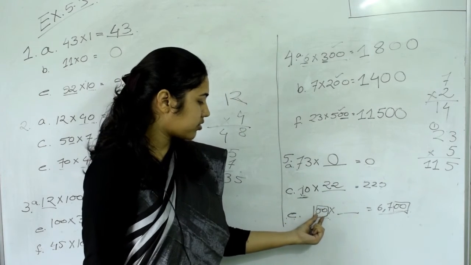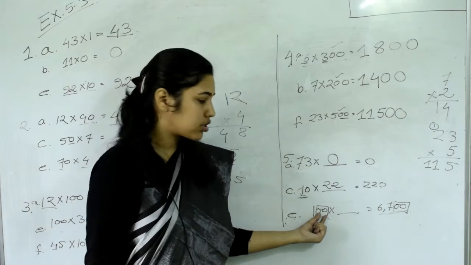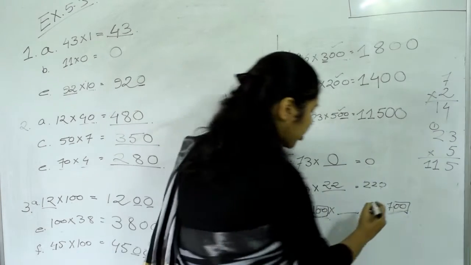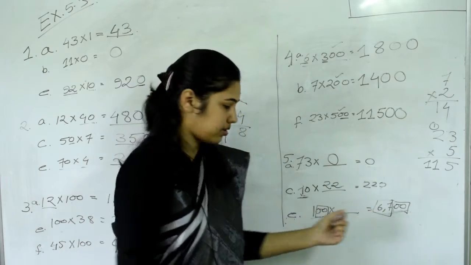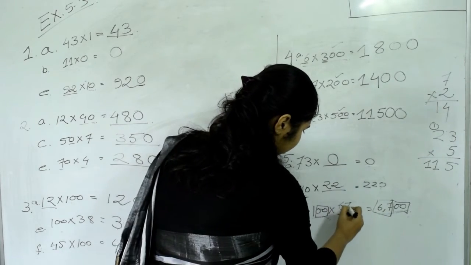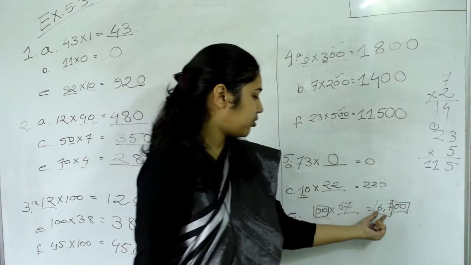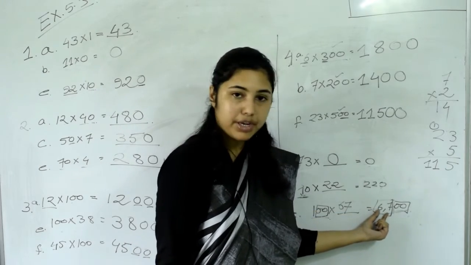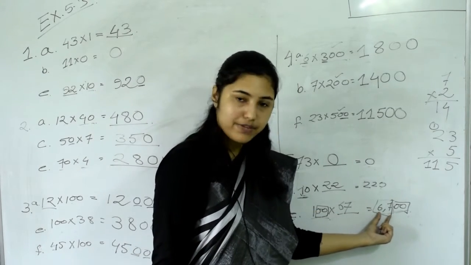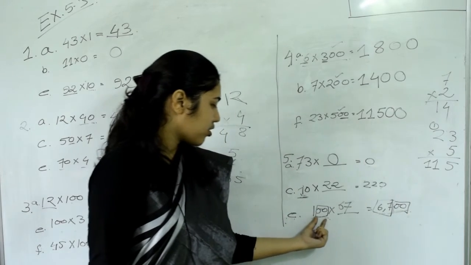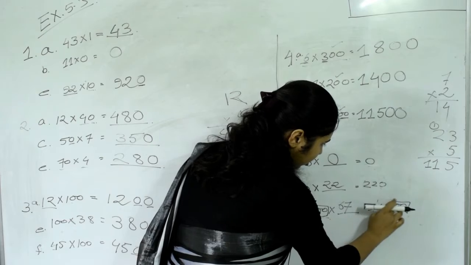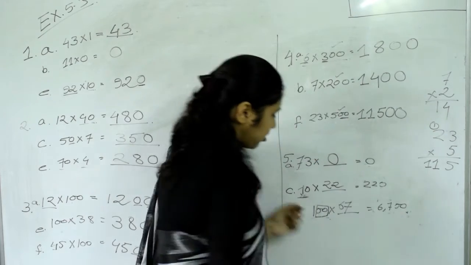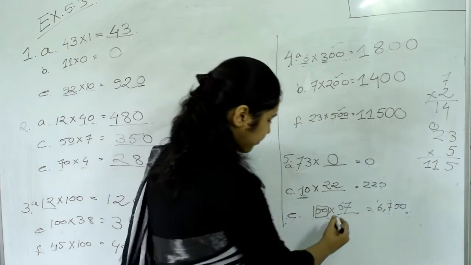Because here in 100, 1 is followed by two zeros. So first of all we have to multiply this number 67 because then only we will get here 67 first, the number itself, and then two zeros for 100. So here our multiplicand is 67.